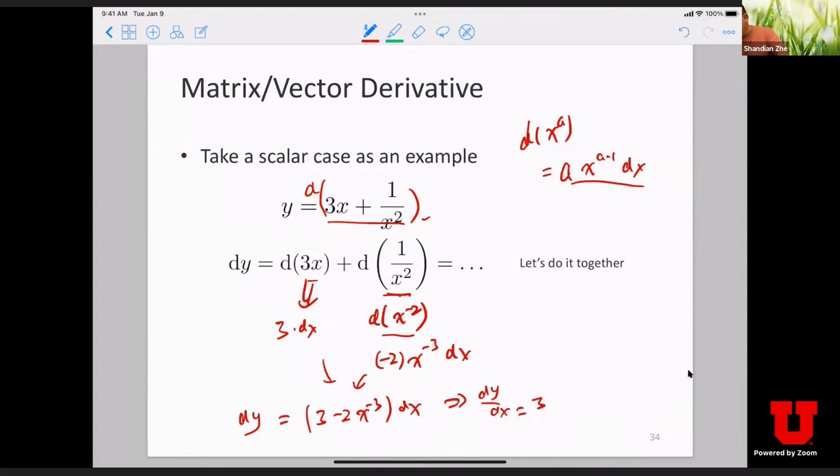This is just a simple scalar. It is 3 minus 2x to the power of -3. This is how we practice our scalar function derivative. I hope no one feels confused here.